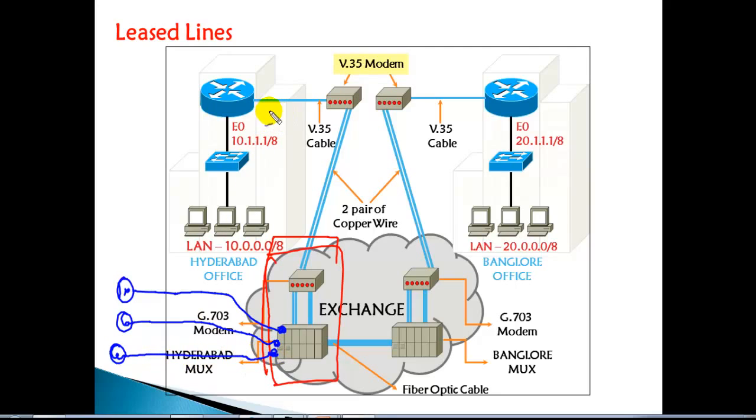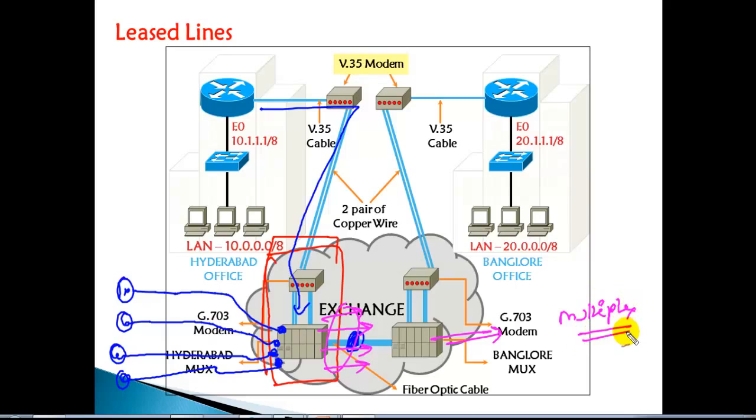Similarly, I've got a connection here and another customer connecting on the MUX here. The multiplexer is a device which allows you to send signals, even though they might be going on the same cable or same fiber cable, but still the multiplexer allows you to differentiate each and every signal, so that they don't interfere with or disturb each other. That's what the multiplexer is going to do. It's going to do this kind of job in the service provider networks.